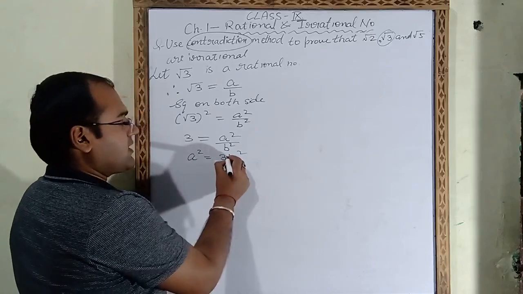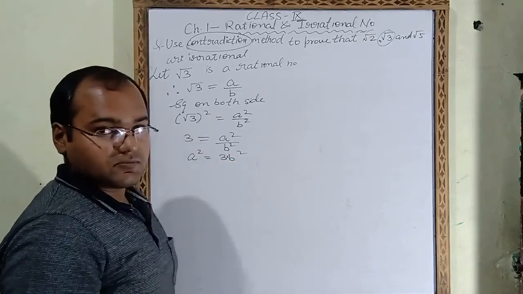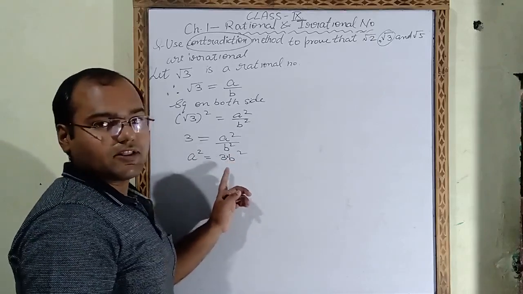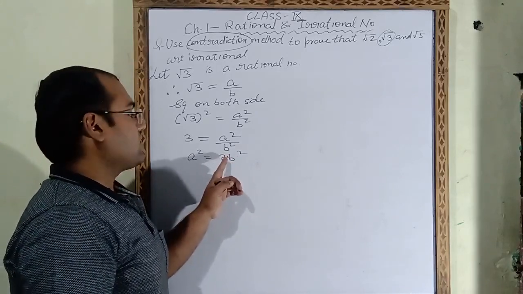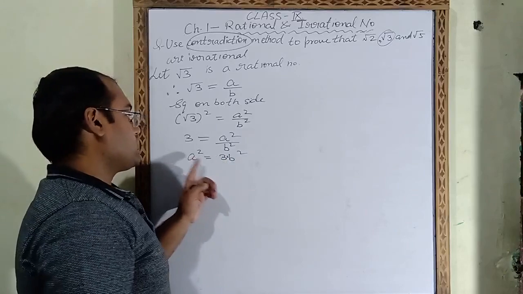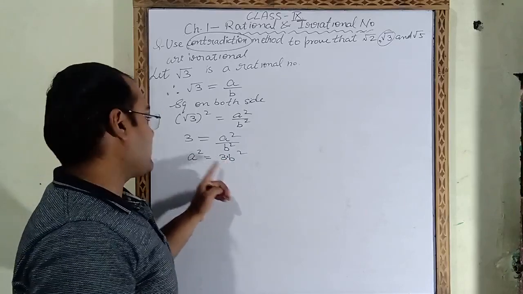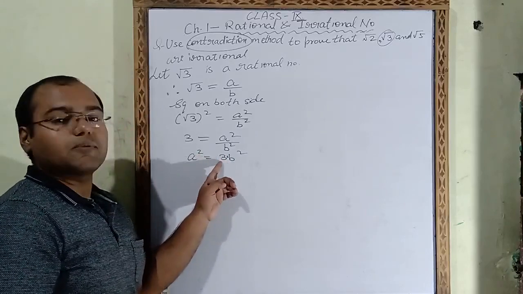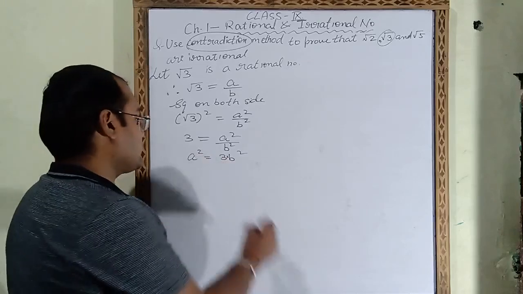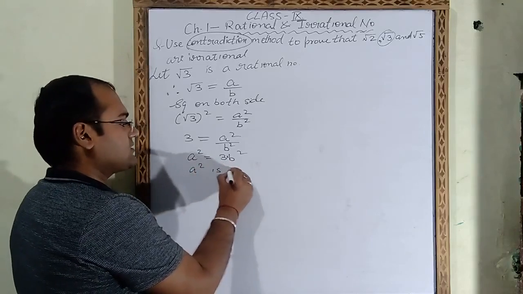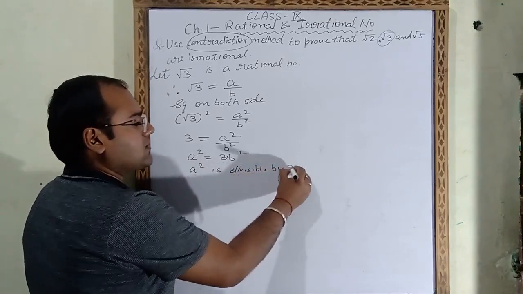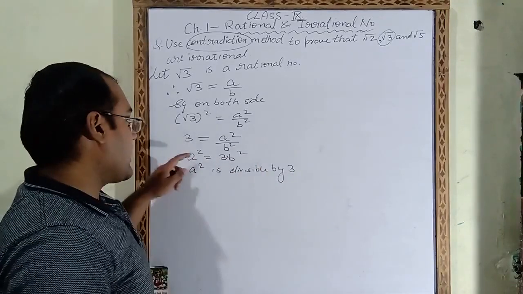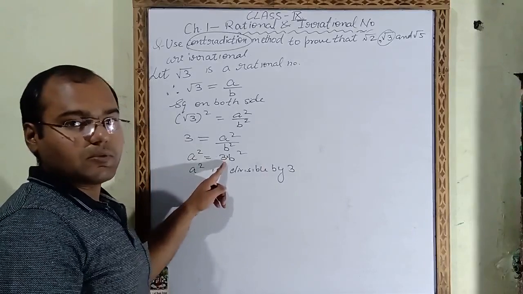Or we can write here multiply also. In between these no sign is coming. That means between 3 and b square, which sign we have to take? We have to take the multiply sign. So here in multiply 3 is coming. That means a square is coming in a table of 3. So we can say a square is divisible by 3, because in the answer of a square, 3 is coming in multiplication.